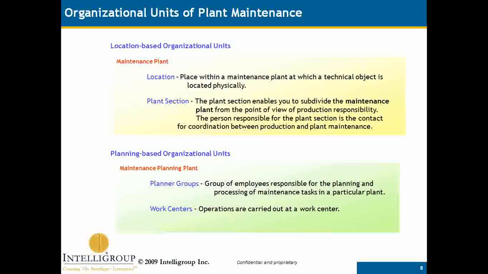That is called location and plant sections. A place within a maintenance plant with the technical objects, like equipment, is where the technical object is physically located, within the four boundaries.